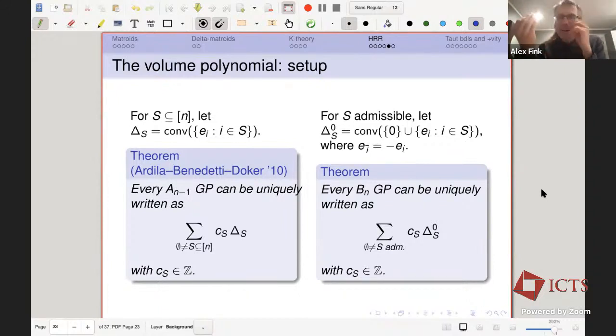So in order to do this, the first thing we should do is give a basis for the Picard group, give a way to express your divisor in terms of a sum of some fixed chosen basis of divisors, and translate it back to polyhedral language. That's what I have on the slide here.